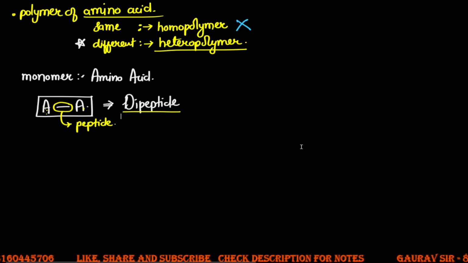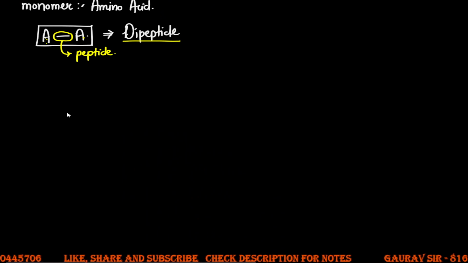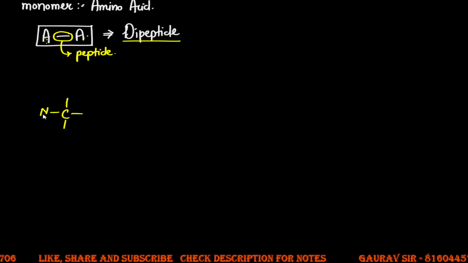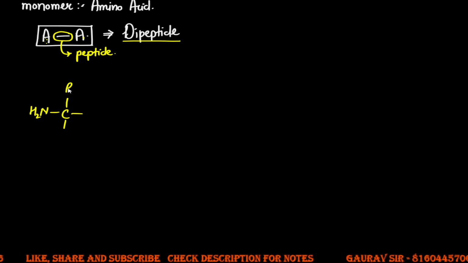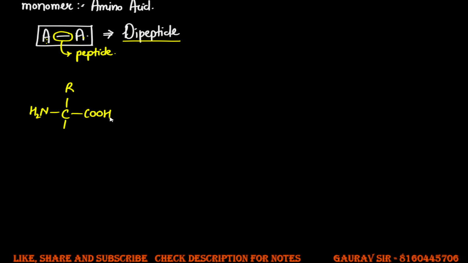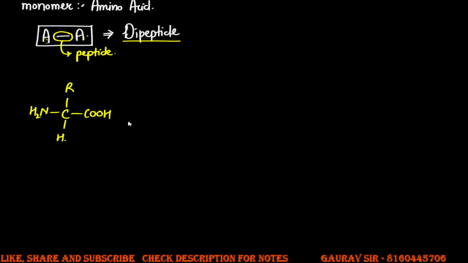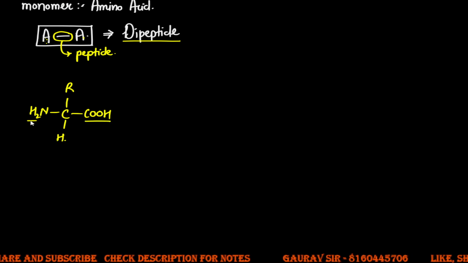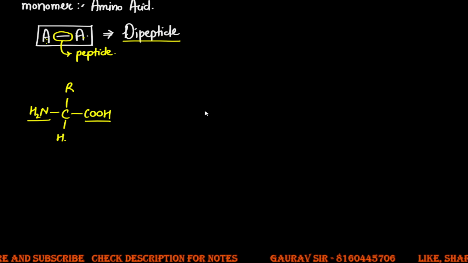For that, I'll take you to the skeletal formula for the amino acid. It goes this way. You have got NH2, there is R, there is COOH, and then there is H. Now, for the sake of understanding, I can rearrange these functional groups to form a structure like this.